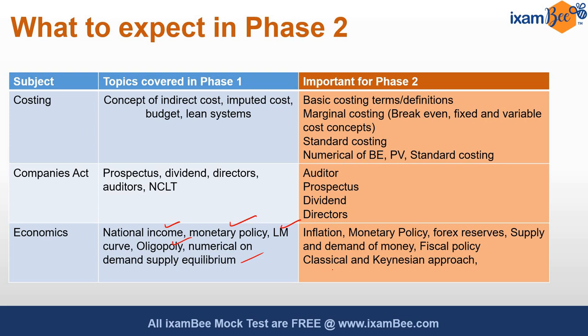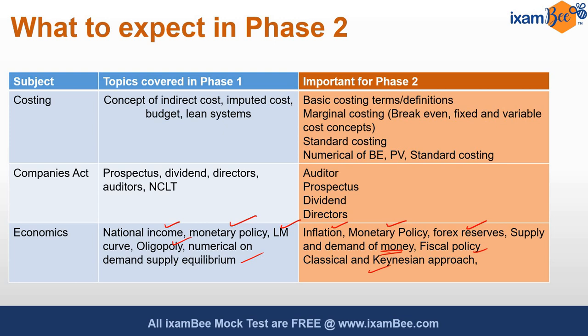And even if it is going to be there, it could be as simple as what it was in phase 1. The topics that you should study should include inflation, monetary policy, forex-related terms, forex reserves or forex market, supply and demand of money topic, fiscal policy, and the classical and Keynesian approach that is mentioned in the syllabus. So these are some topics that you should focus on.